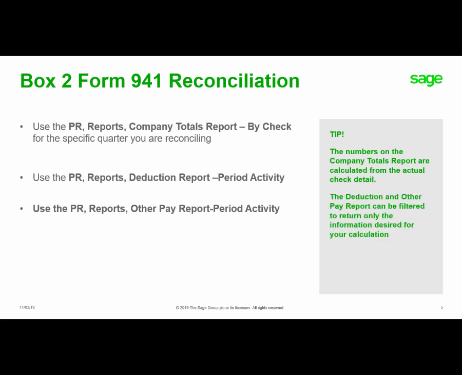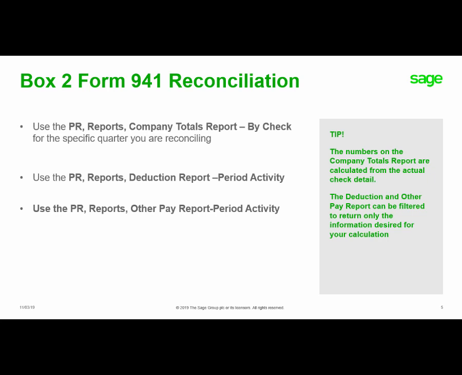The deduction and other pay report can be filtered to return only the information desired for your calculation. Then you can add and subtract the deductions and other pays as described in our calculations. To make your reconciliation easier, you can customize these reports and some exports that will assist in your calculations and troubleshooting. You can then use these reports every quarter when reconciling your Form 941 Box 2.